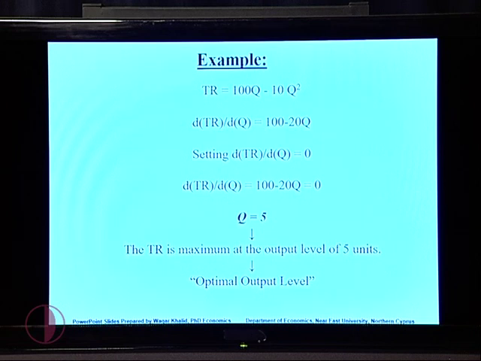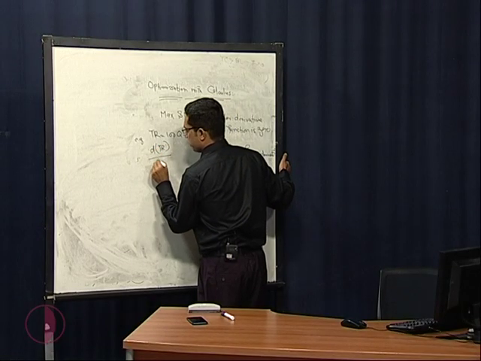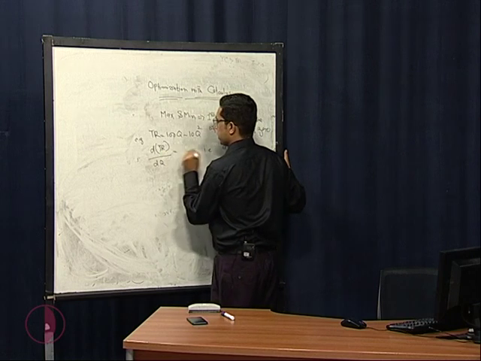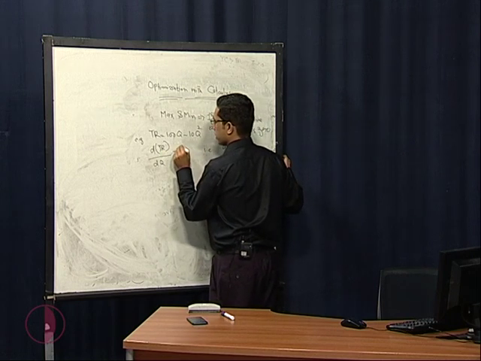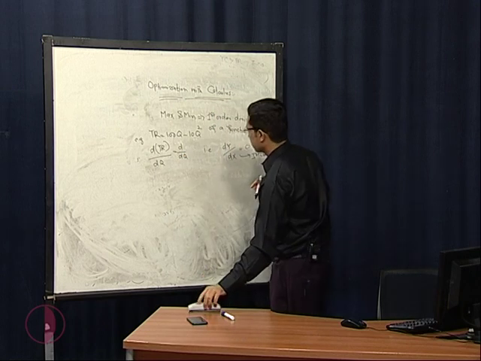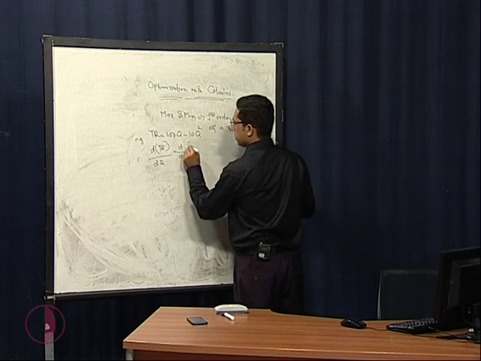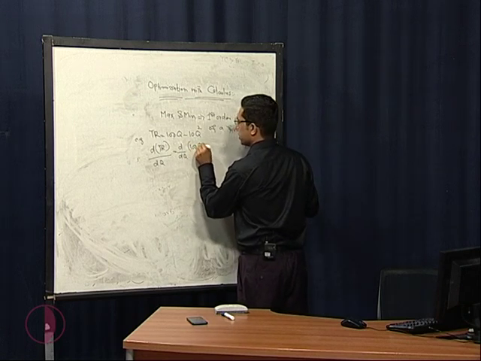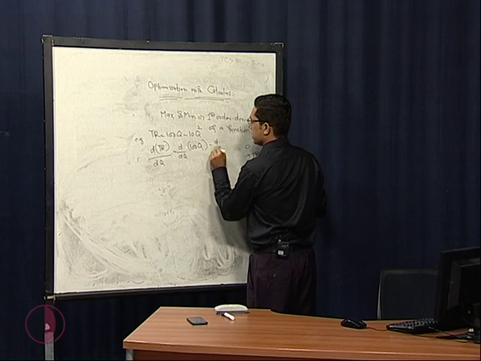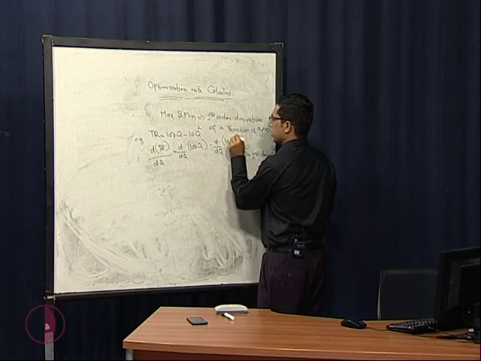Taking first derivative with respect to Q, change in total revenue due to change in Q, d by dQ of 100 Q minus d by dQ of 10 Q square.